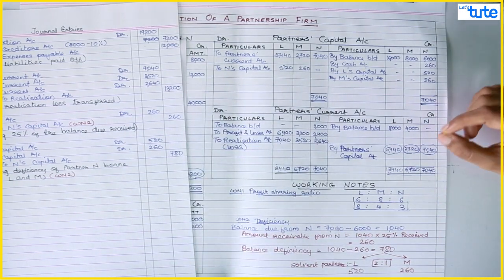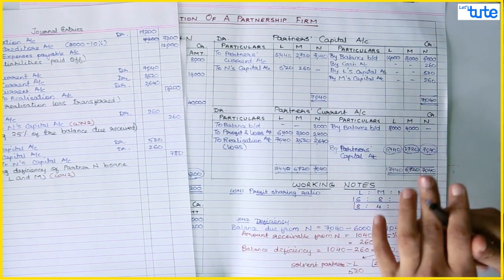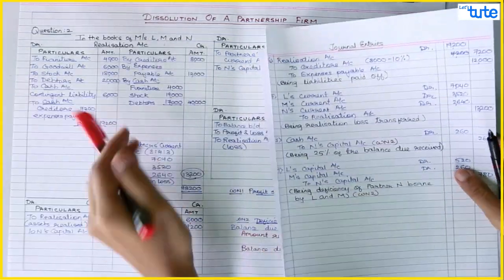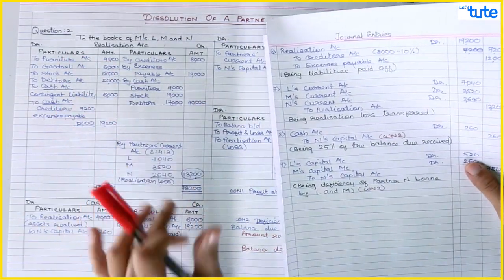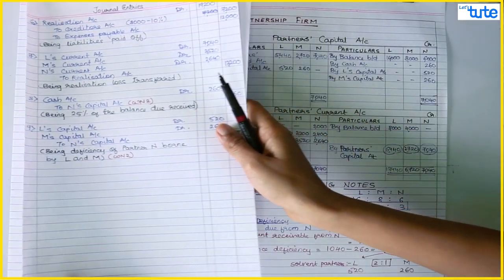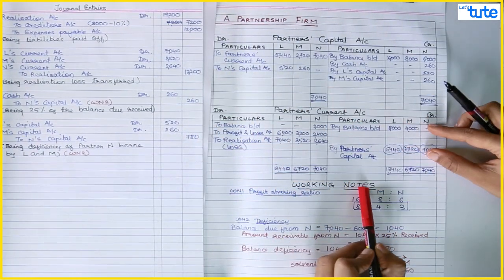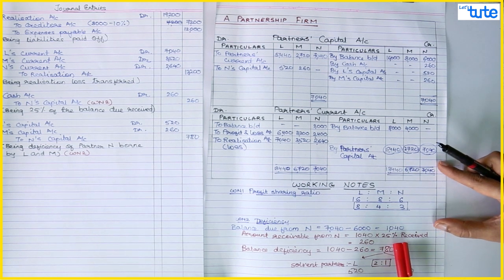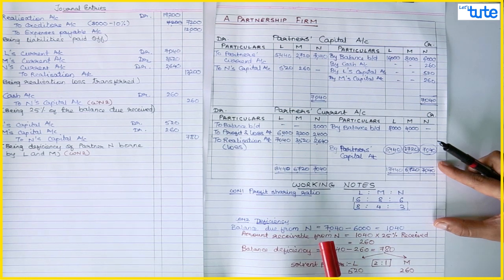So this was a new part in this question where in the beginning the realization account was prepared as usual, but when the deficiency comes or one partner is declared insolvent, what do we need to do? We need to find out the final amount which is brought by the insolvent partner. It can be possible that the insolvent partner does not bring any amount. So this would be 0 and the entire deficiency will be borne by the solvent partners.